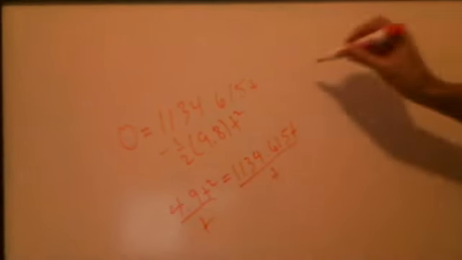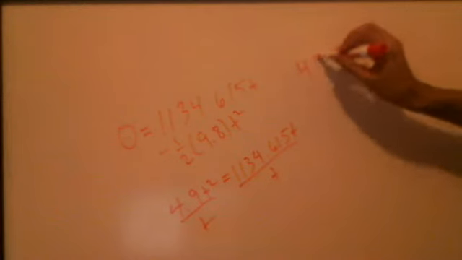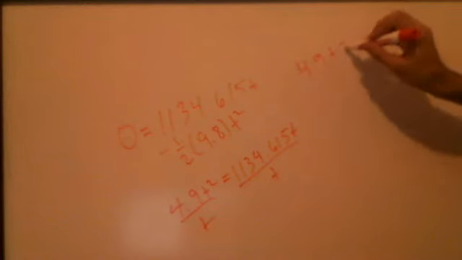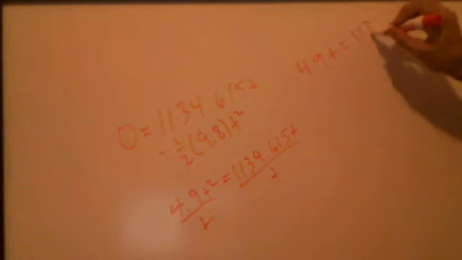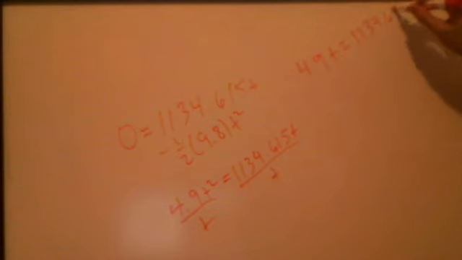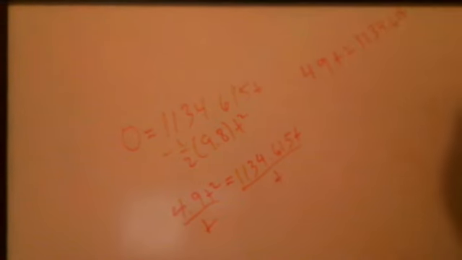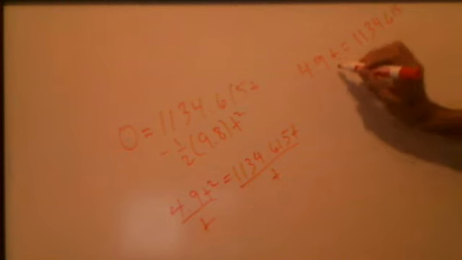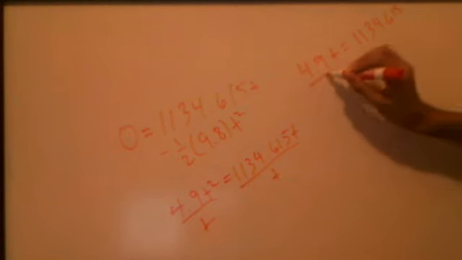And that will get us 4.9 time is equal to 1134.615. Sorry I'm writing this sideways. That's just how I work. Anyway, so now to solve for time, just divide by 4.9.